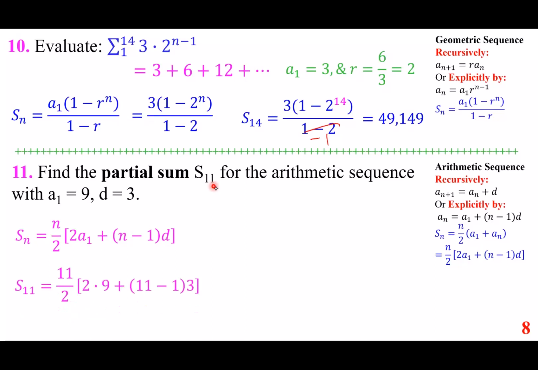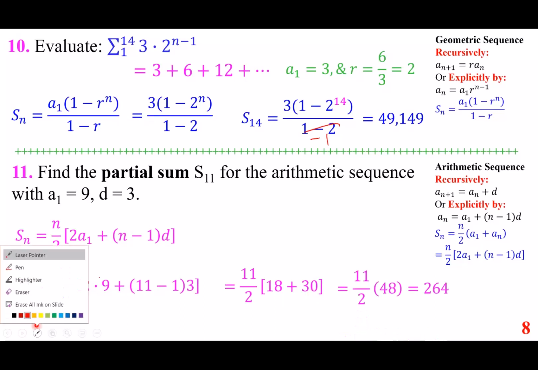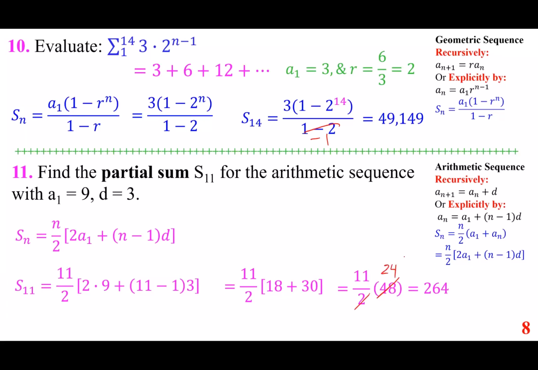So obviously 11 halves, this is 18, this is 10 times 3 or 30, and 18 and 30 is 48. 24 times 11 is 264.